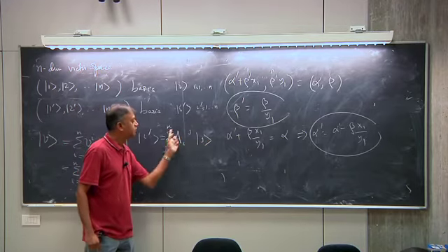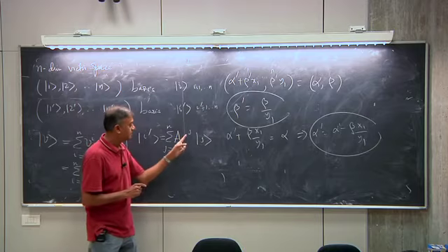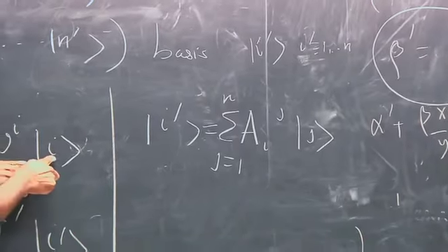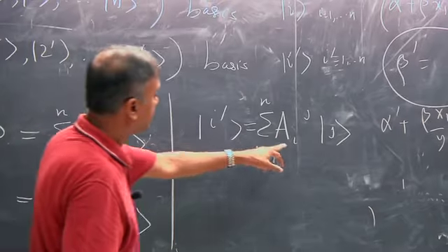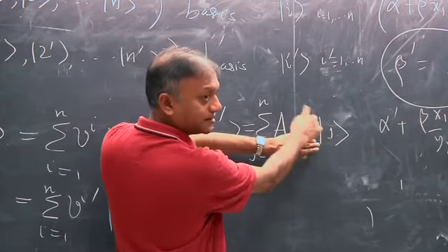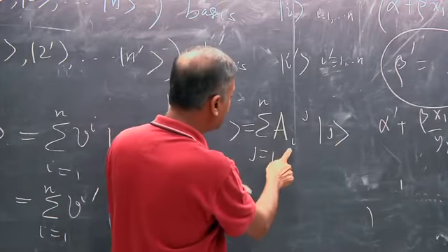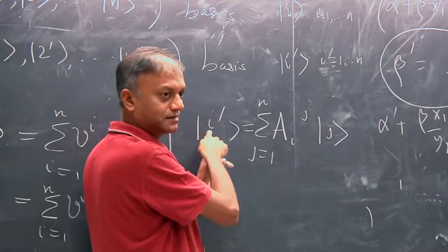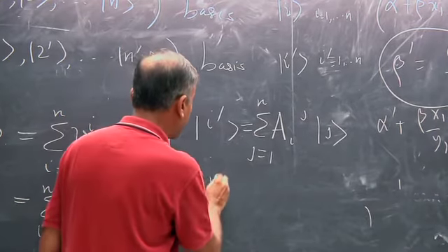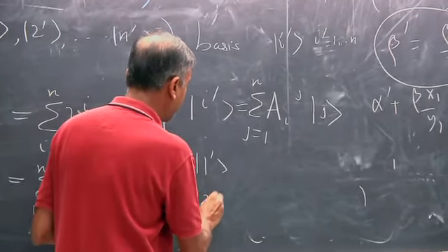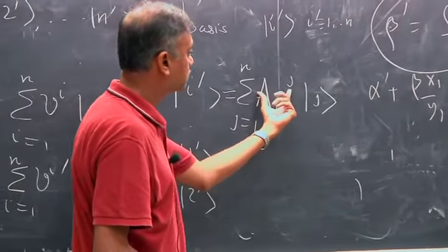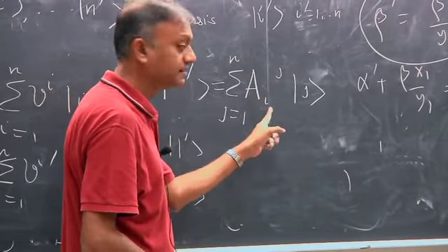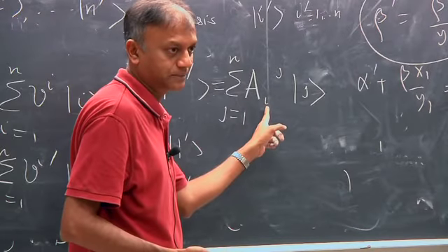The coefficients I denote in this way. Why? Normally, when I expand like this, I would have just a coefficient v_j, right? But here I have another index i, because I also have a free index i here. If I take e_1 prime and say e_2 prime, etc., for each of them when I expand, these coefficients will be different. So to remember for which vector I'm expanding, I put this index i.